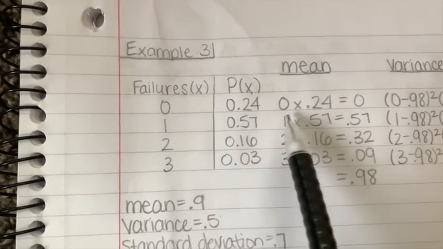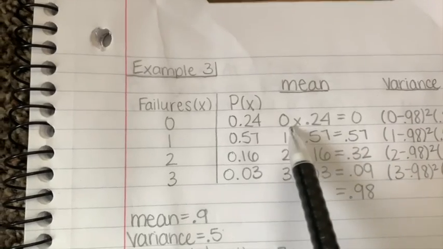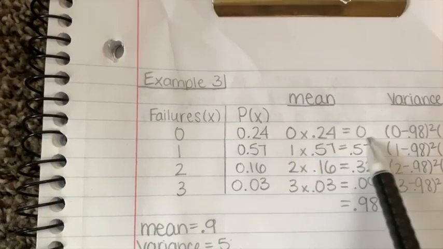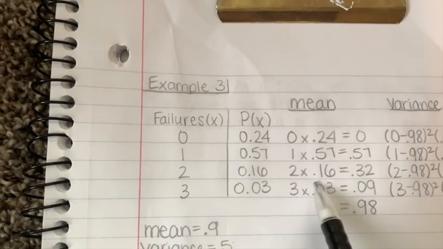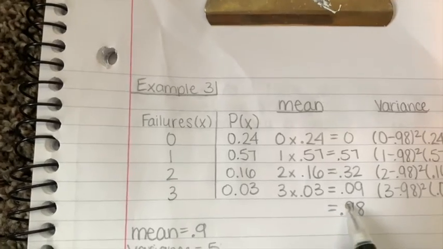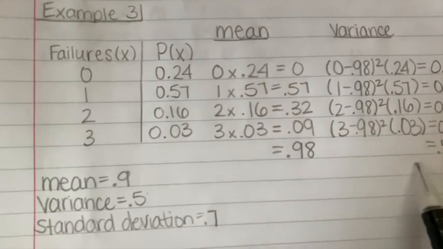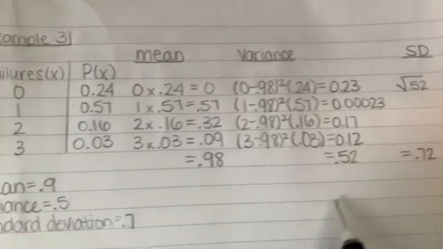So for the mean, we're going to go ahead and do the random variable times the probability, which gives us 0 times 0.24 is 0, 1 times 0.57 is 0.57, 2 times 0.16 is 0.32, and 3 times 0.03 is 0.09. We're going to add these all up together to get a total mean of 0.98.